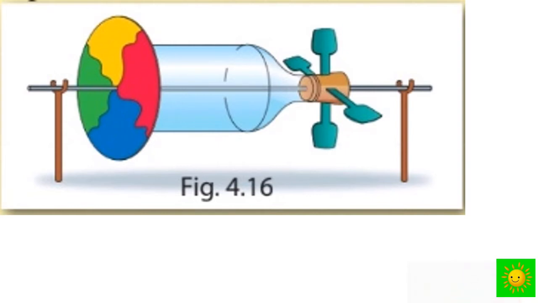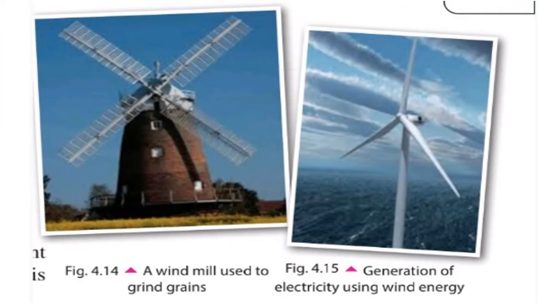Observe how the weight is lifted with the help of the wind. You will observe the rotation of the wind propeller and the lifting of the weight when wind blows. Thus, it is obvious that we do work with the help of the wind. Large windmills are operated using wind energy.